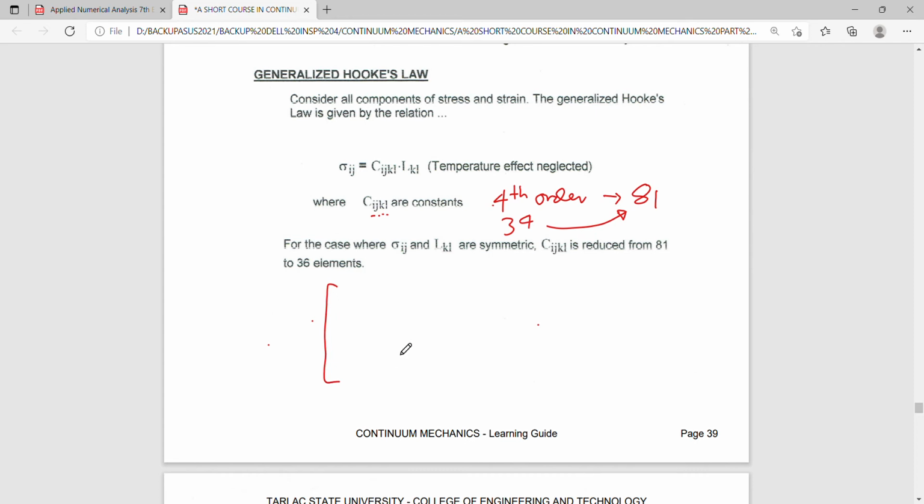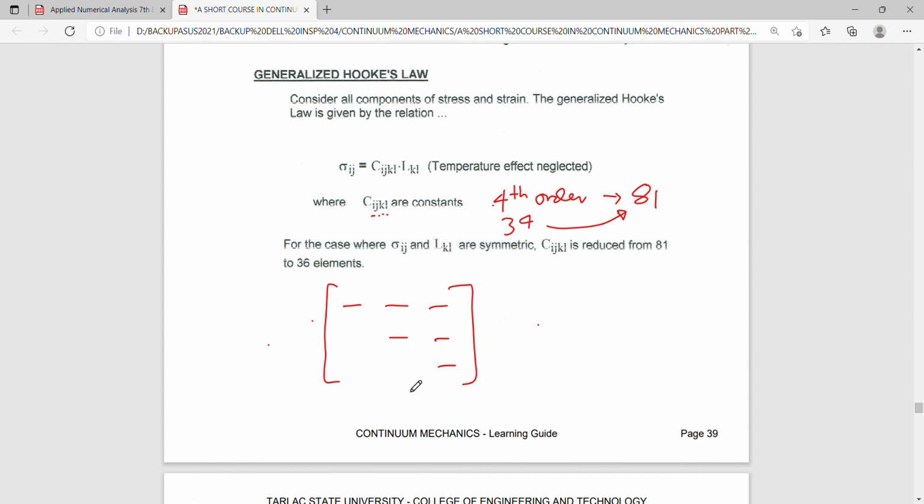So, let's say, meron kang symmetric ang laman nito, ito lang ang kailangan mo. Ilan ito? 6, tama? 3 sa diagonal, 3 sa off diagonal. Huwag mo na pakialaman ito kasi symmetrical siya.